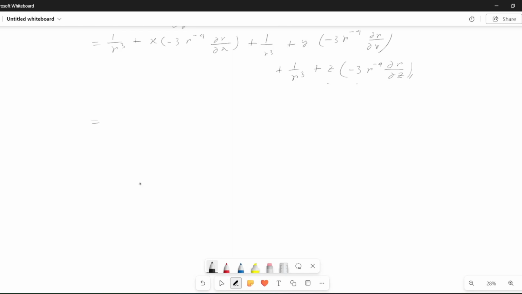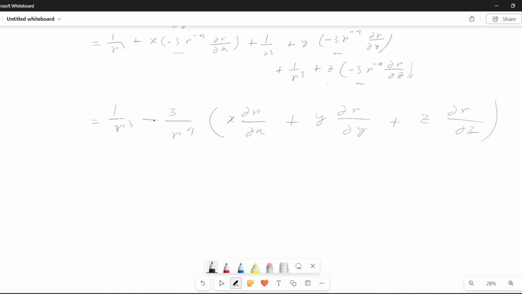Now we can take the minus 3 common by r to the power 4, and the value will be x dr/dx plus y dr/dy plus z dr/dz.